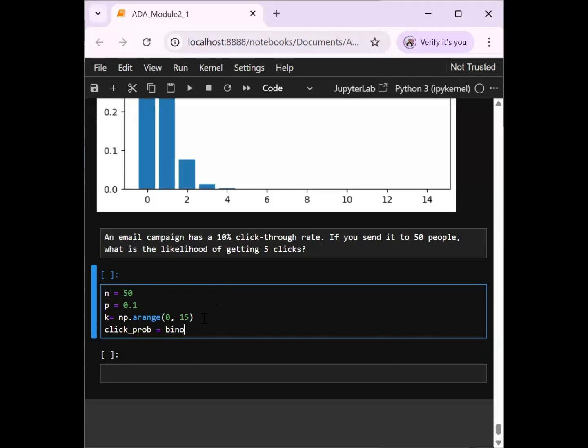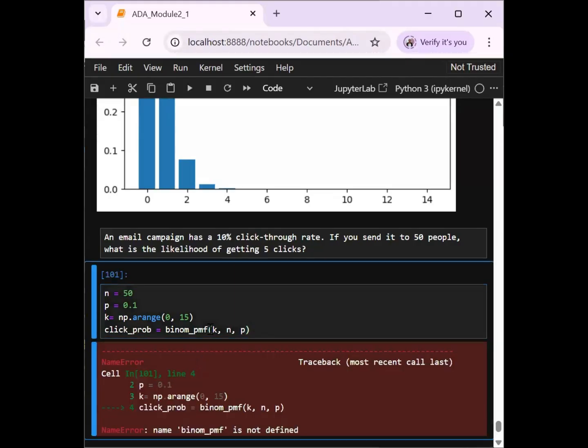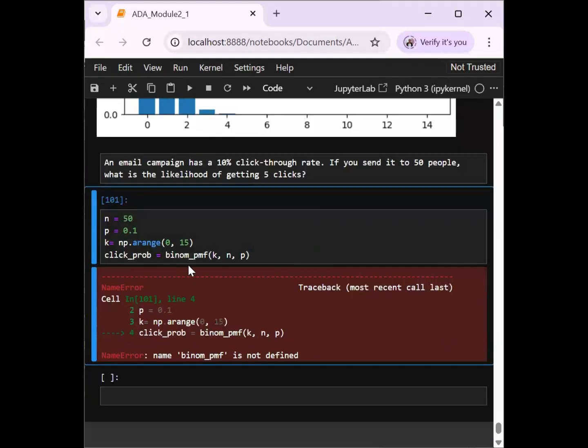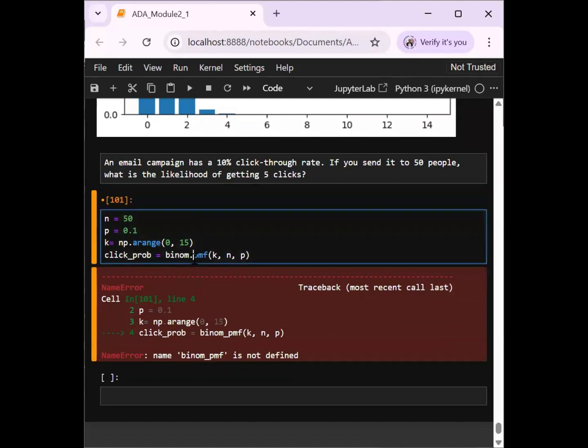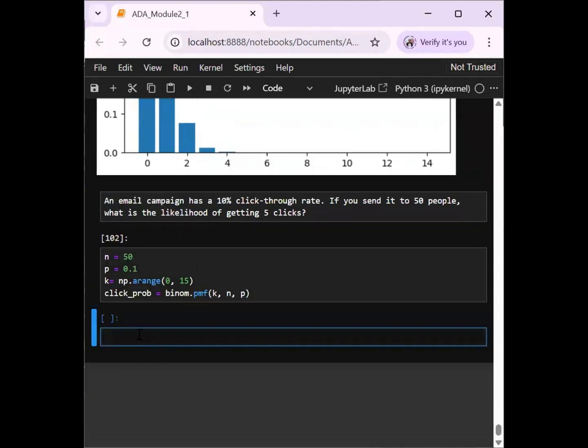We are using PMF because it's a discrete random variable. That's K, comma, N, comma, P. And it's supposed to be a dot, not an underscore.